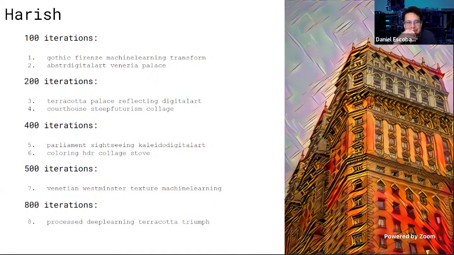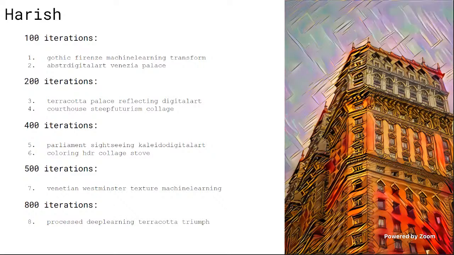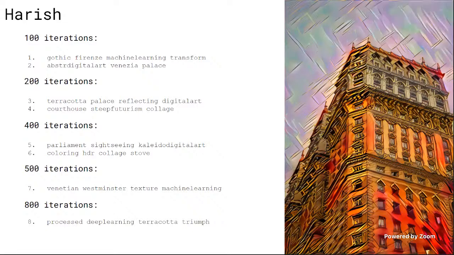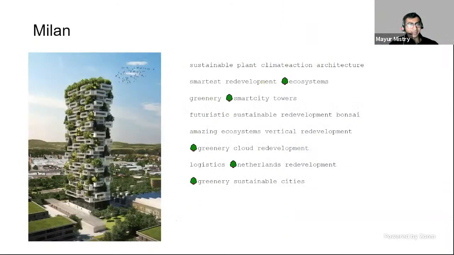This one's kind of fascinating too. It says machine learning, deep learning. So it probably knows that that's a modified image by deep learning, and I don't know, I find that kind of wild. Yeah, great job.